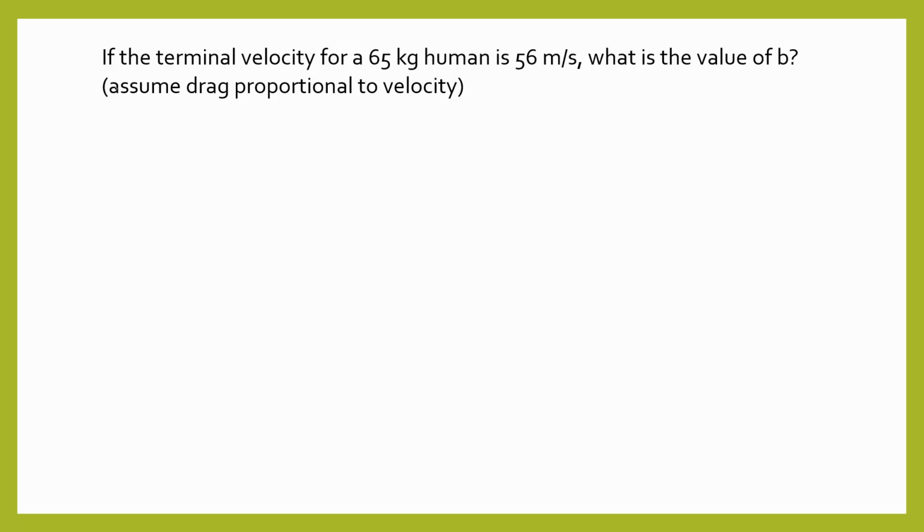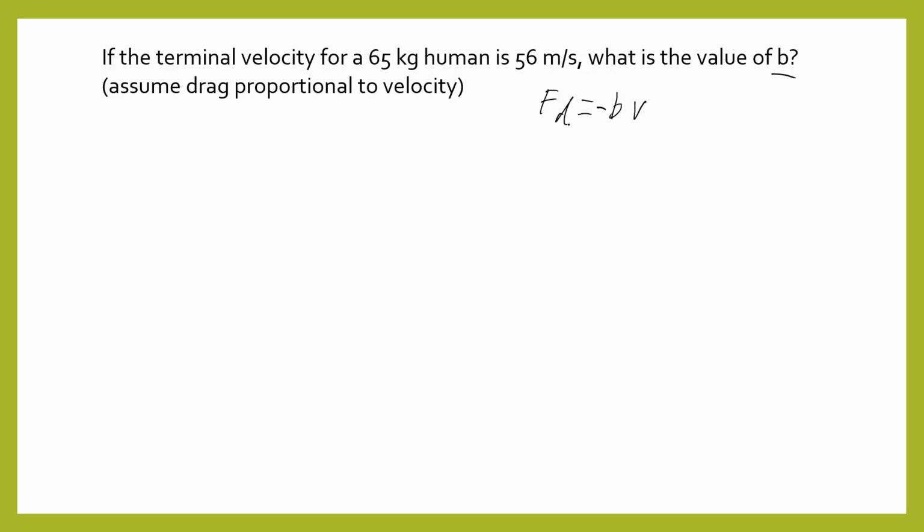Alright, so here we've got terminal velocity for a 65 kilogram person is 56 meters per second. What is the value of b? And by b we're talking about this same b coefficient in our drag equation here, again with a negative sign.